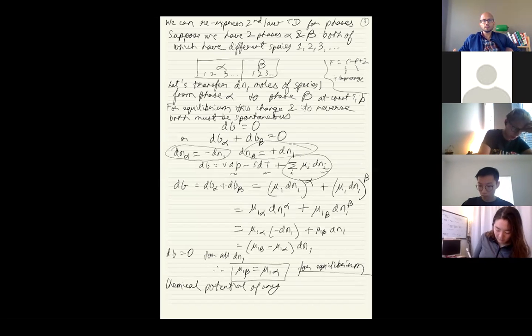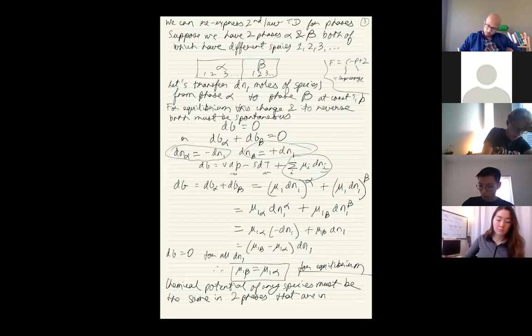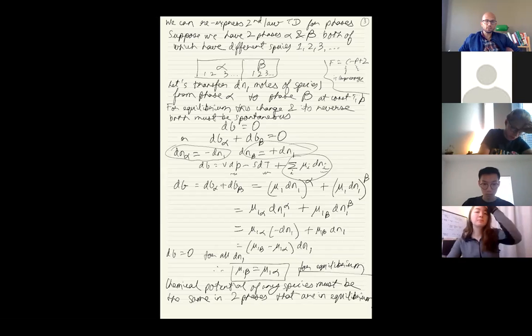The way to do it is to think about everything else being held constant. Therefore, the chemical potential of any species must be the same in two phases that are in equilibrium. This is nothing but a restatement of the second law of thermodynamics.